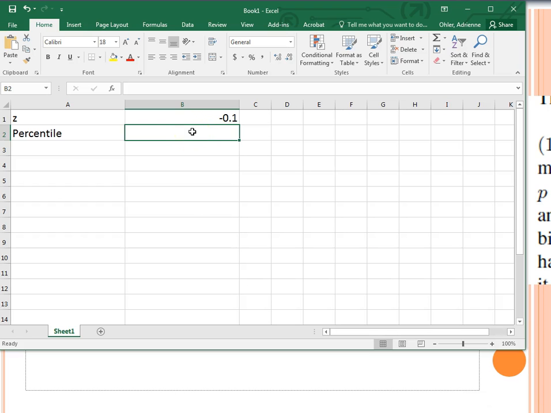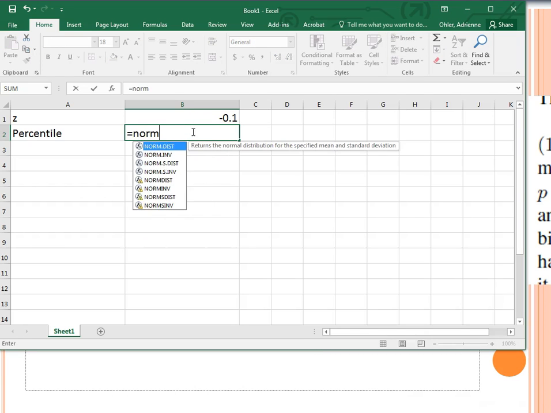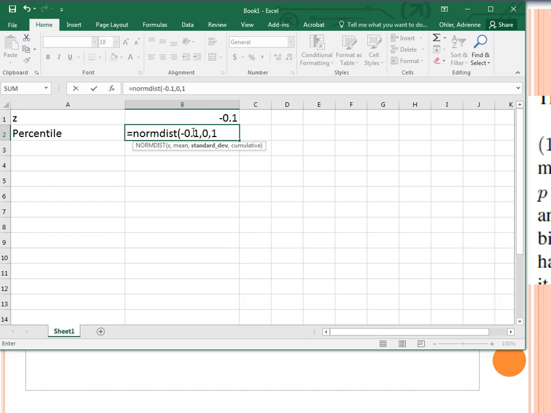So here I've pulled up an Excel spreadsheet that we can calculate the percentile. I'm going to hit equals NORM.DIST to pull up the function, and then I'm going to put my z-score in, the mean of the z-scores, and the standard deviation of our z-scores. So the standard deviation is always 1. And then the last number for the cumulative distribution function, we're just going to put 1.